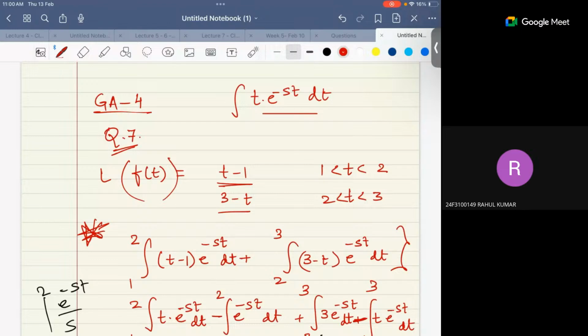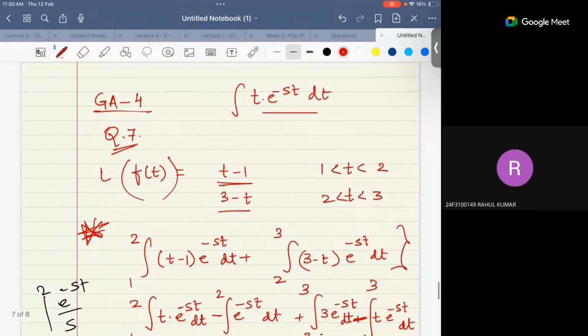We should interchange these limits with respect to s, then we can calculate by that method. The only thing is about the limit. The limit is given in respect of t, but we have to give the limit in the form of s if we are going to use that method.